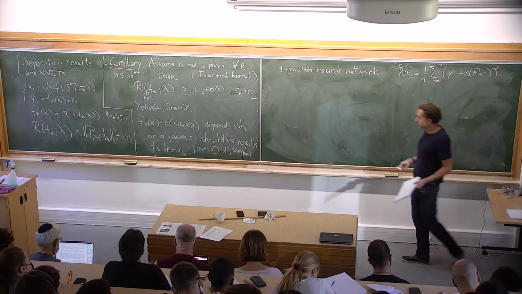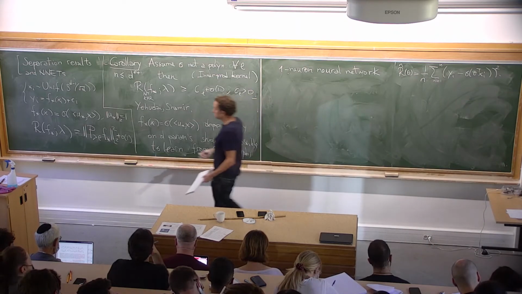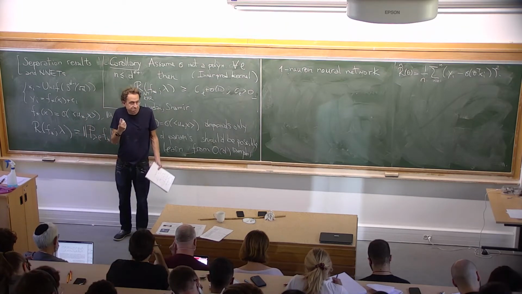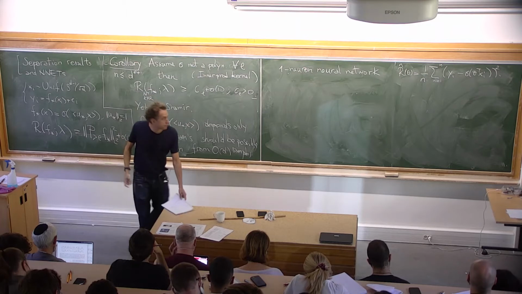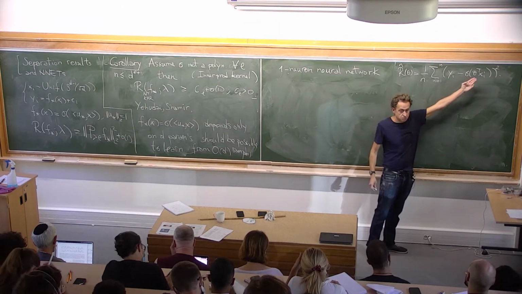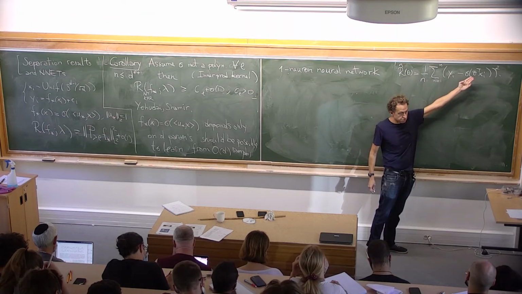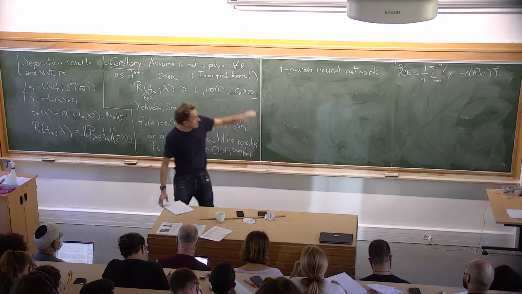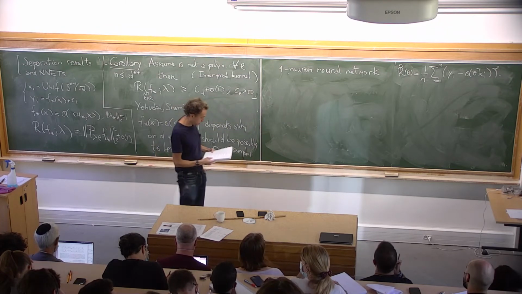Suppose that you have data that are like this. If you try to fit a single neuron, this means minimizing this cost. This is a single neuron cost. And now this boils down to analyzing this empirical risk minimization problem.